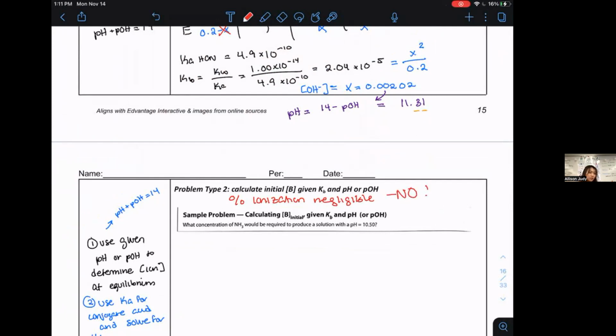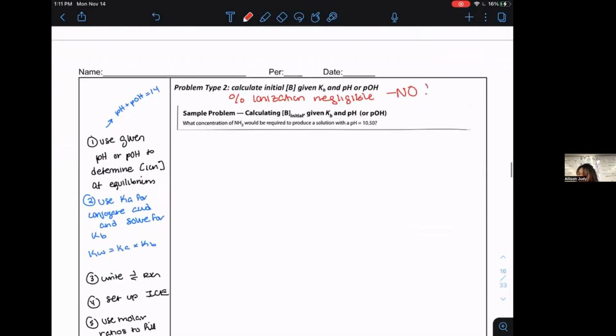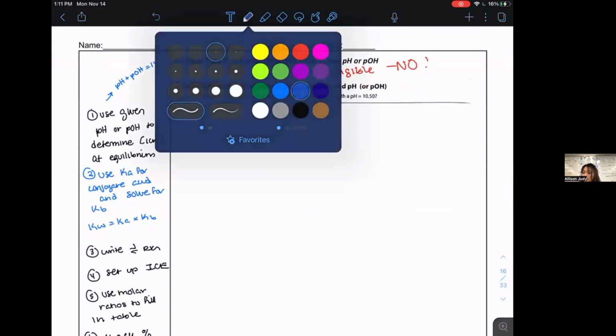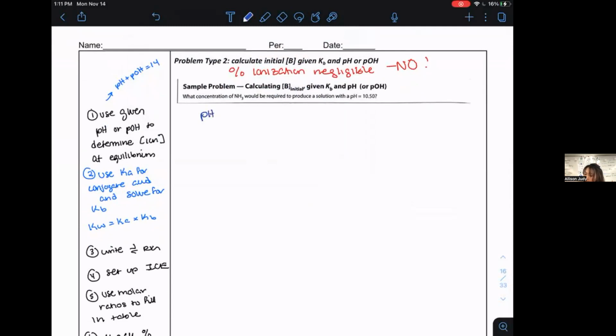So for this one, you follow a pretty similar process. What concentration of NH3 would be required initially to produce a solution with a pH of 10.5? If you know the pH at equilibrium, you can solve for the pOH at equilibrium.